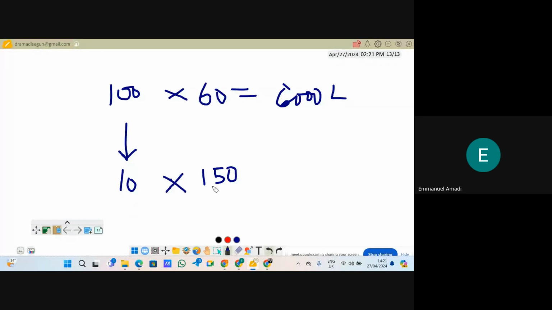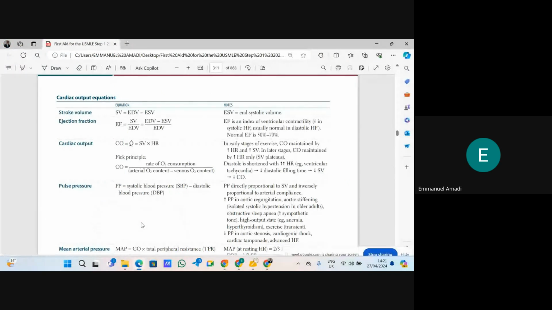If you do 150 times 10, what you have is 1,500 liters. You can classically see that though the heart rate went up, because the stroke volume reduced markedly, because there is no time for that heart to be filling, the cardiac output drops maximally. This is what kills people when they have ventricular tachycardia. They die from the fact that the heart cannot be filled anymore.